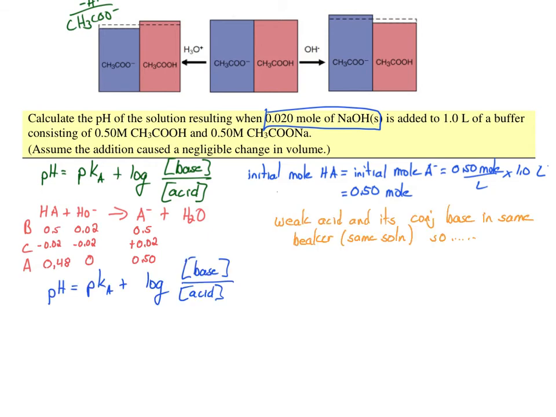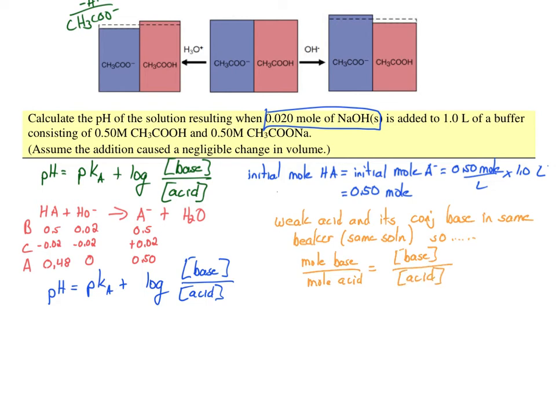We're going to save ourselves some time in calculations. We remember that our weak acid and its conjugate base are both in the same beaker. So the ratio of moles of the base to moles of the acid is the same as the ratio of the concentration of the base to that of the acid.